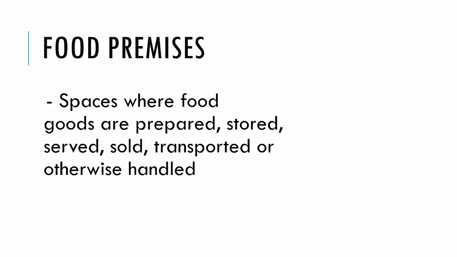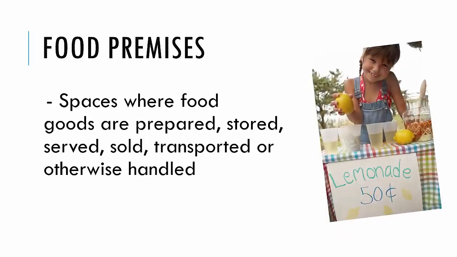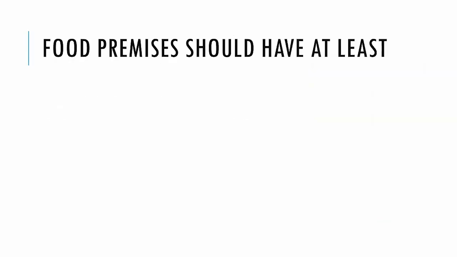That can mean, for example, an internet shop that sells only packed food goods. Their warehouse, in a sense, is also considered to be a food premise. The main idea behind the term is that the food goods stored or handled in food premises are not meant for own consumption.